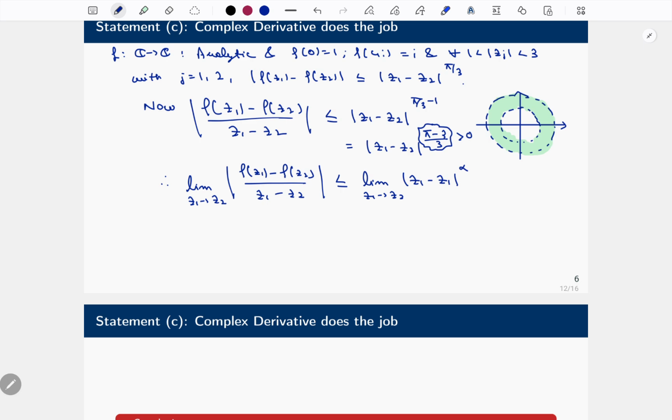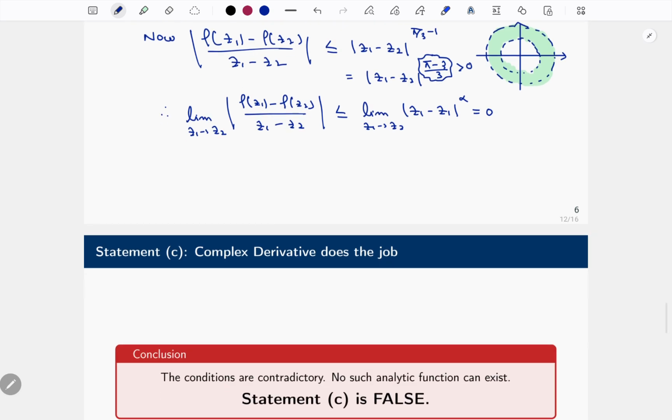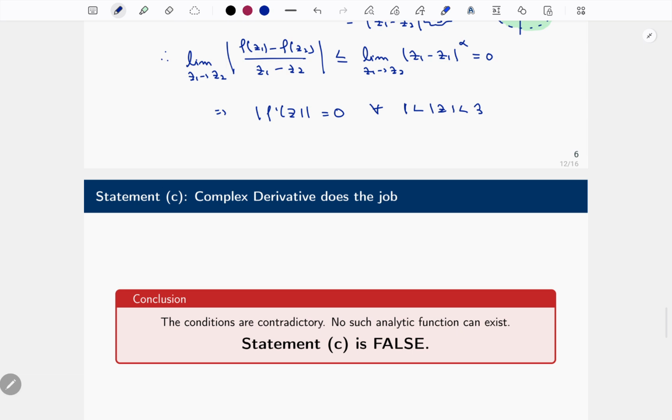And so this becomes 0, right? Therefore modulus of f prime at z1 is equal to 0 for every z1 with 1 less than mod z1 less than 3. I can just write it as f prime at z, because z1 and z2 were arbitrarily chosen. So this implies that f prime of z is equal to 0 on the annular region as stated above.